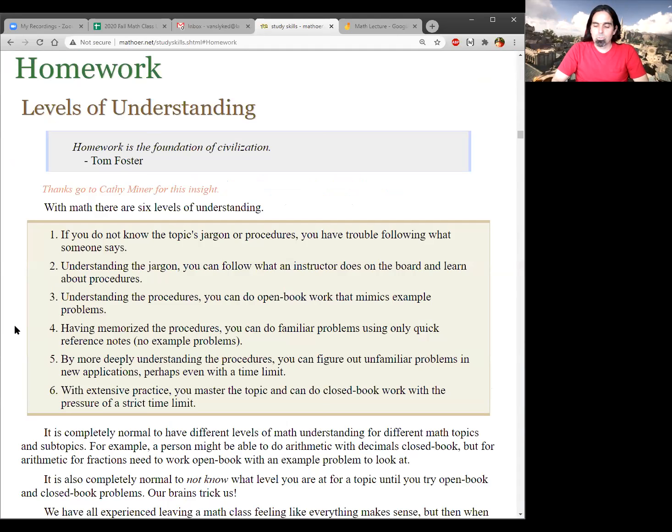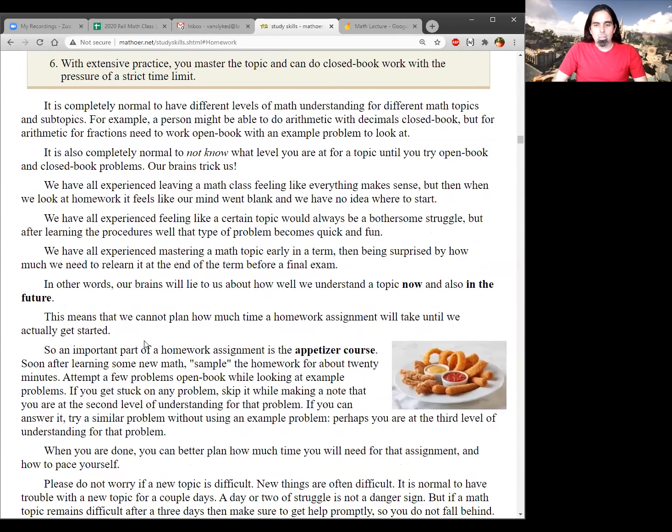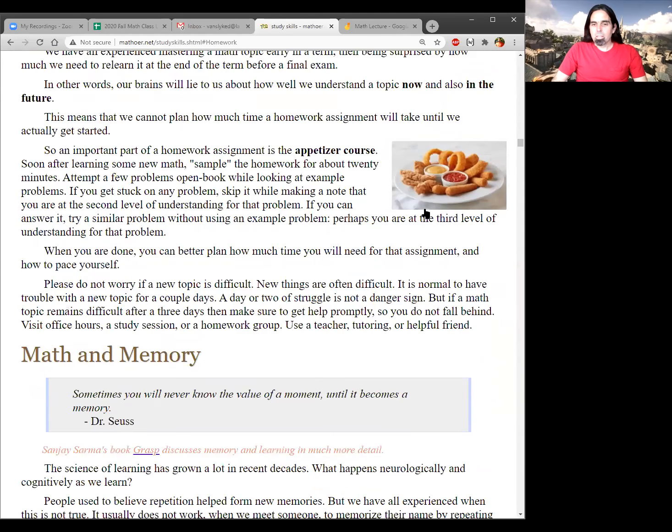Lots of people are great at decimals, terrible at fractions, percents are easy, metric units are tricky, whatever. But it's also perfectly normal to have no idea what level of understanding you are at on a math topic until you try it. Our brains love to trick ourselves. So read through this more, but the gist of it is that your appetizer course is important for homework.